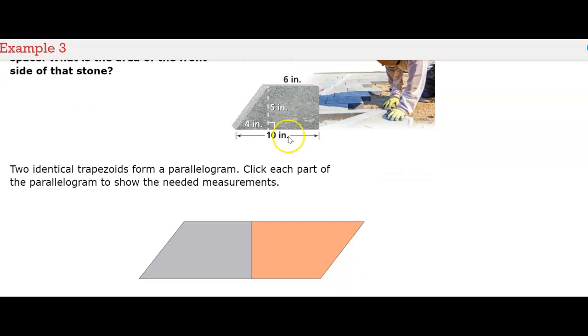Actually, it's asking for the whole front portion, sorry. So then you have this whole base, which is 10 inches, and then from here to here is 6 inches as well. So we have two identical trapezoids that form a parallelogram. So here's the whole thing here.